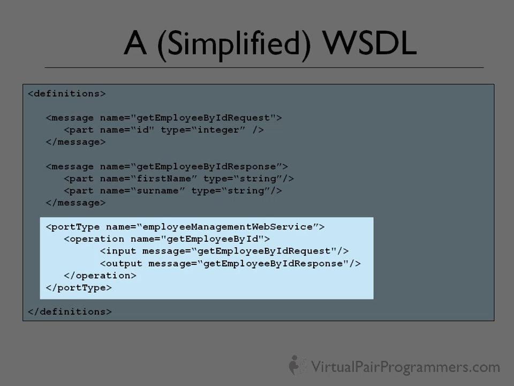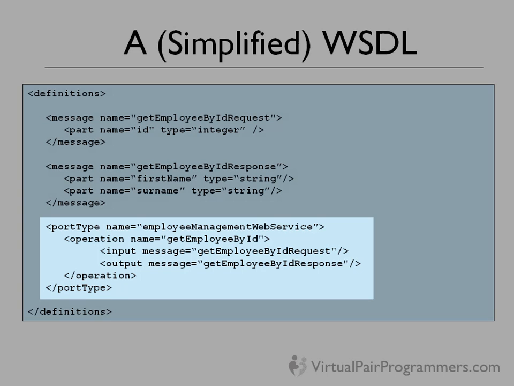So here I'm defining a port or a web service called Employee Management Web Service, and it's going to have at the moment just one operation called getEmployee by ID, which accepts an input message, which we defined before, and will return an output message. And of course, as we go further with this, we'll be adding more operations to the port.